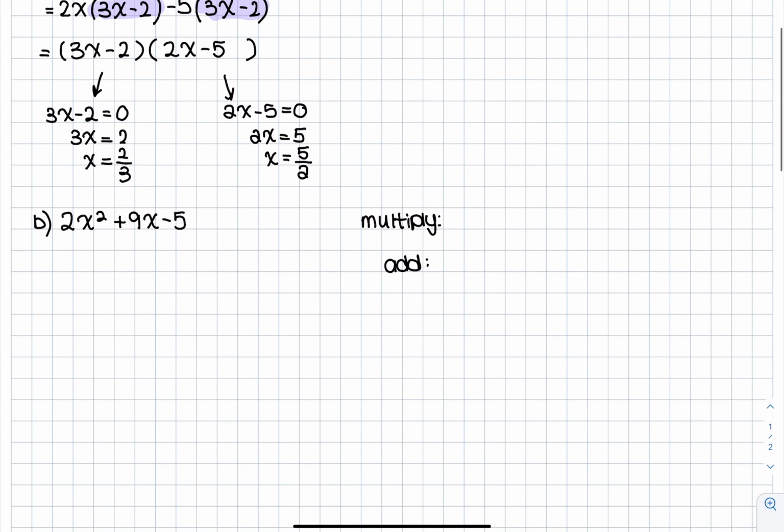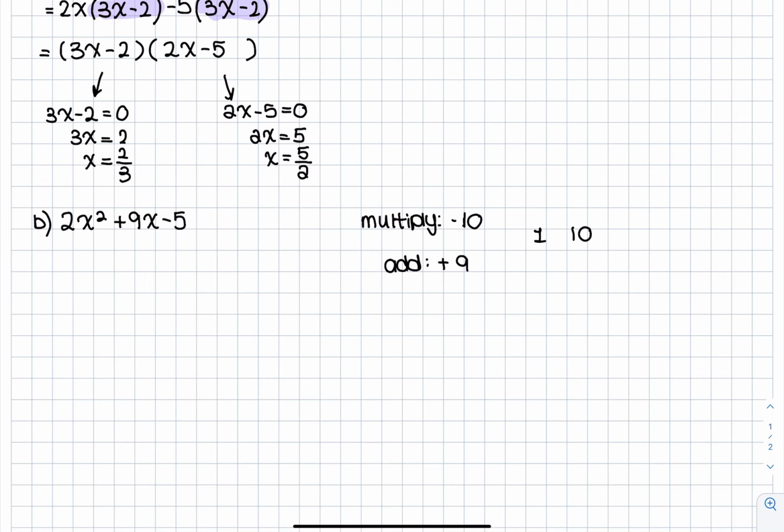Now, if we take a look at b, we're going to do the same idea: multiply the very first one by the last term, and that's going to give us negative 10. So we need a number that multiplies to negative 10, and we need a number that adds to positive 9. In this case, we're going to have a 1 and a 10. So 1 times 10 multiplies to 10, but we need it to be negative.